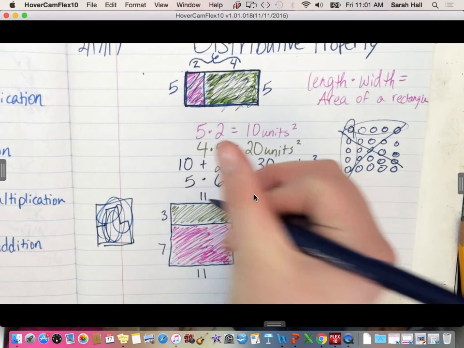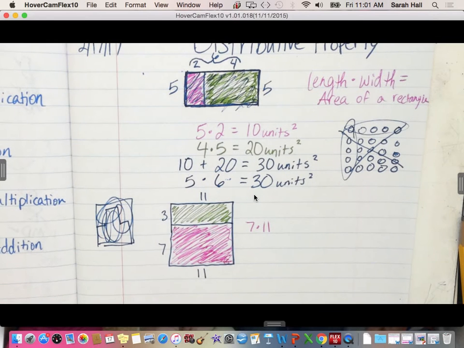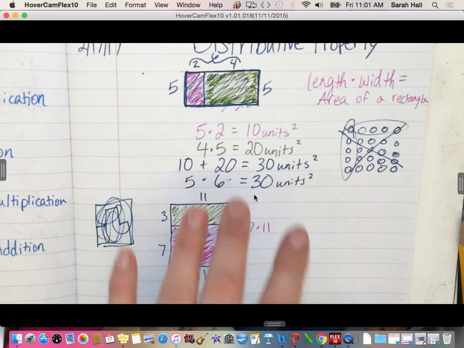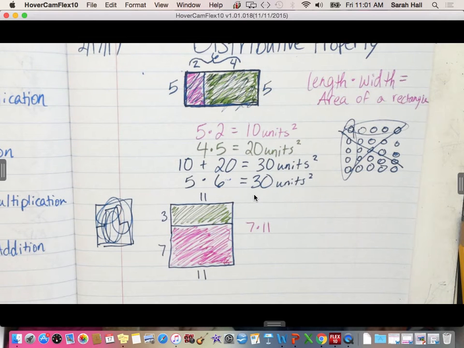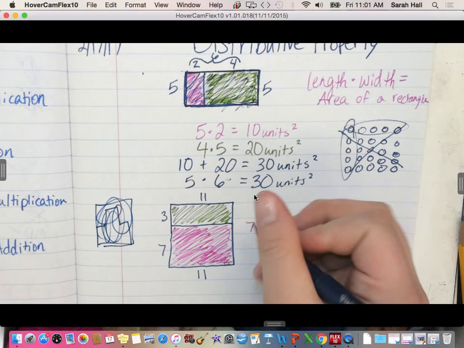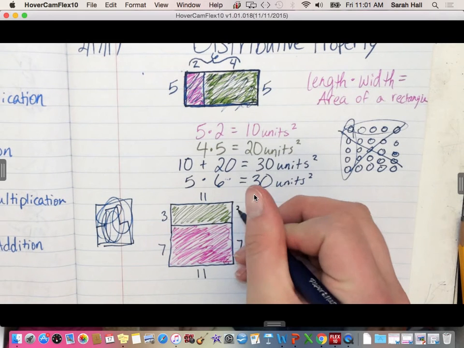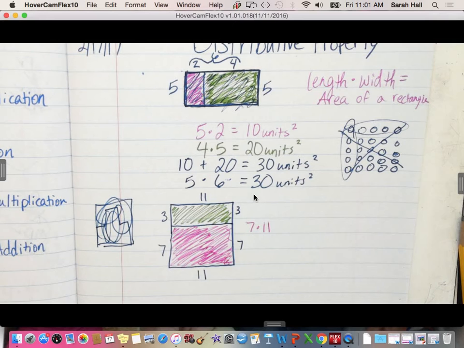Because that's an important point to understand. That on a rectangle, what he said about being able to carry that 11 over. Mustafa, can you say that in another way? Jose?